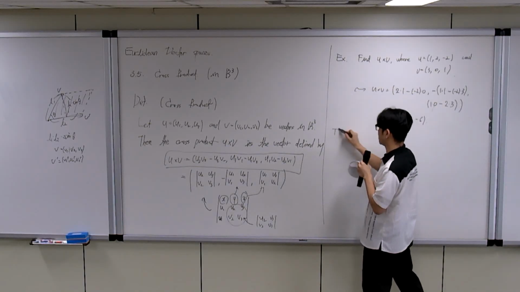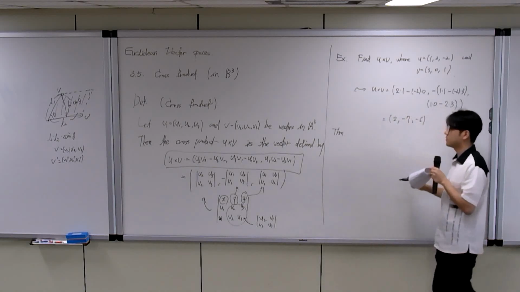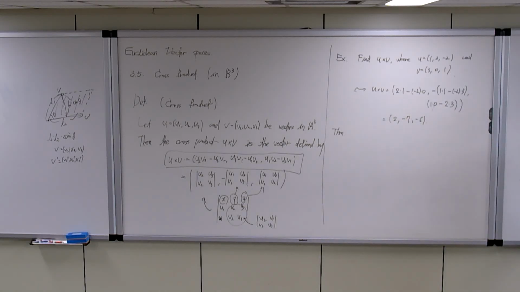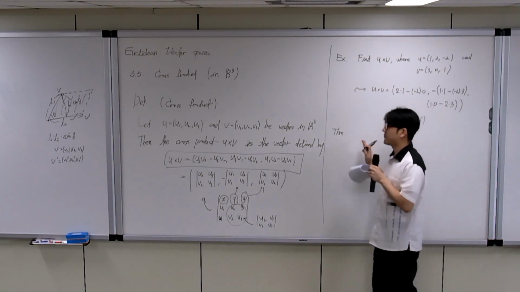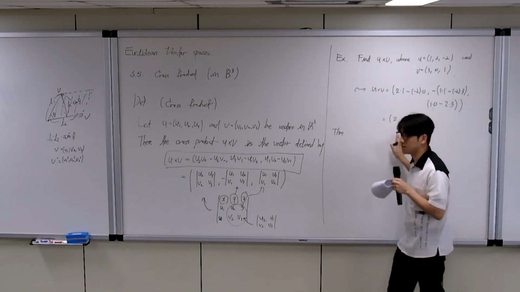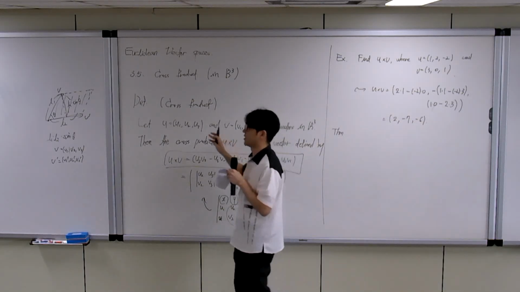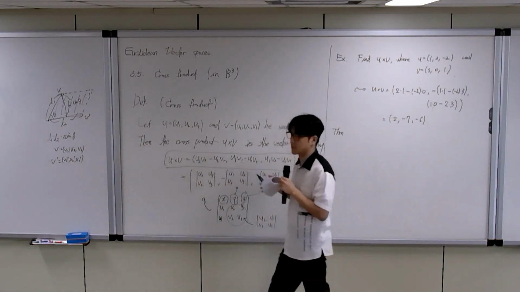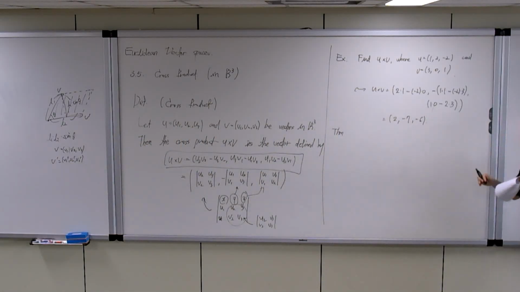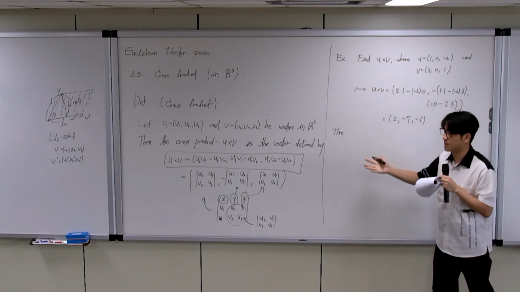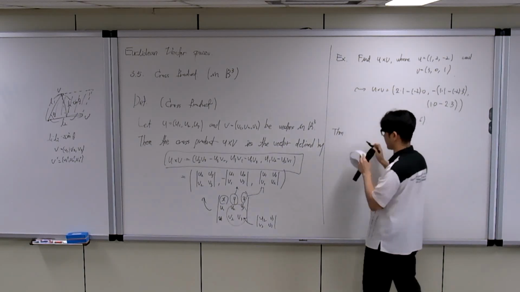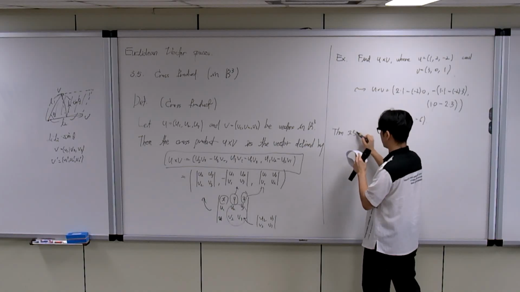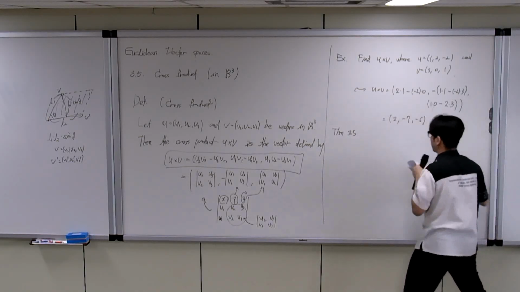So calculating the cross product is simple, and finally by using this cross product we will get the area, and I will show how this can give the area information. I will skip the numbers.